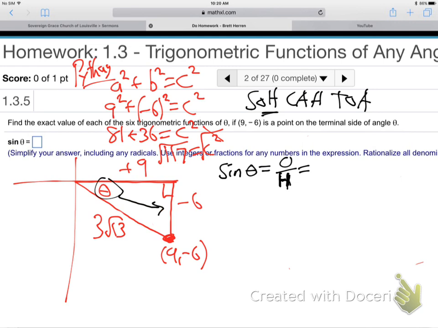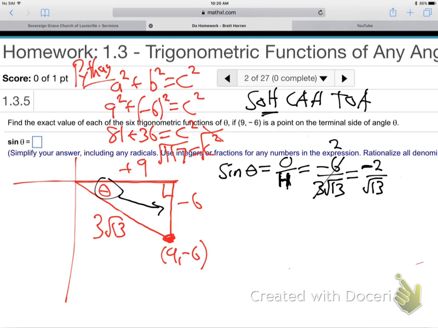This is opposite, over hypotenuse, over 3 root 13. Now, they're not going to let me leave a square root in the bottom. First off, let's cancel 3 into 6, which gives 2. So minus 2 over root 13.